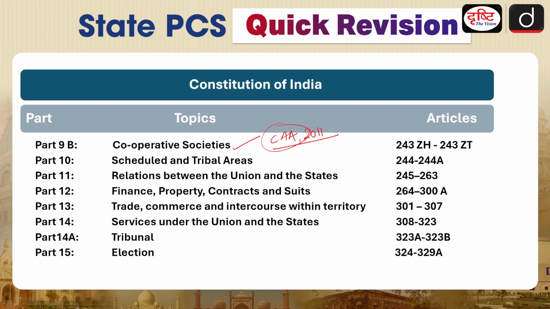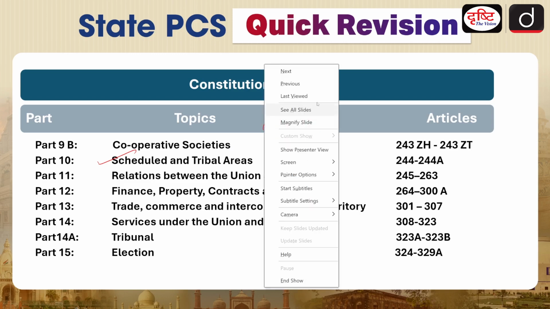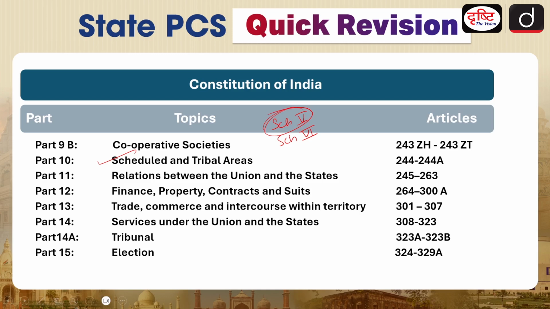Moving further, Part 10, that is talking about the scheduled and the tribal areas, Article 244 and 244A are basically talking about it. You must have heard about Schedule 5 and Schedule 6. Administration of Schedule 5 is given in 244.